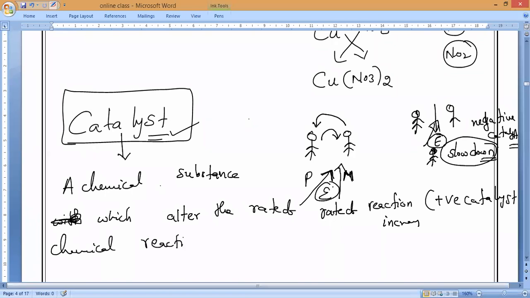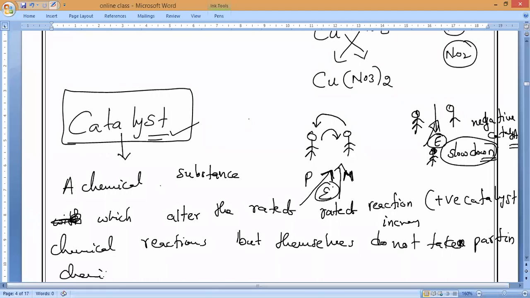...the rate of chemical reactions, but they themselves do not take part in the chemical reaction, that substance is called a catalyst.